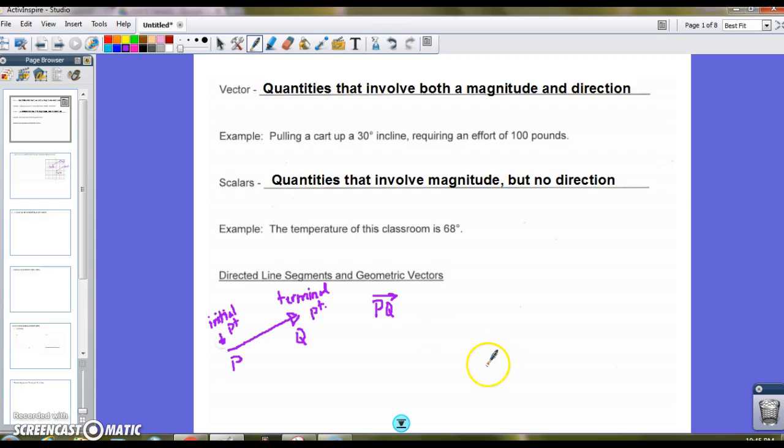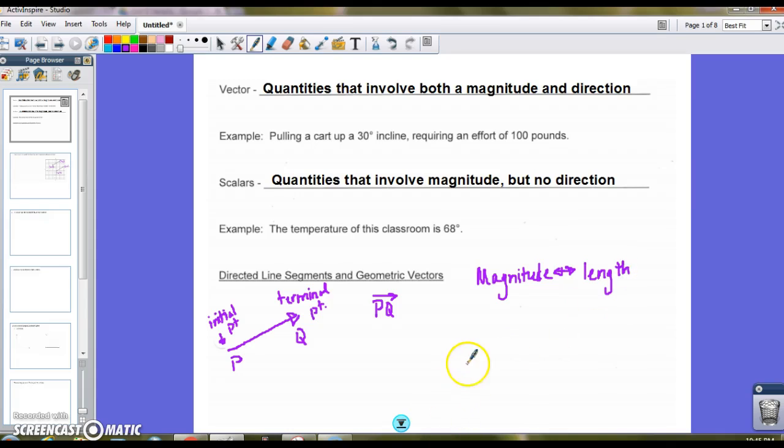When we talk about magnitude, that is basically talking about its length. So the magnitude of a directed line segment is its length. If you want to make a little note there, magnitude and length are synonymous. You can use them interchangeably. They mean the same thing.